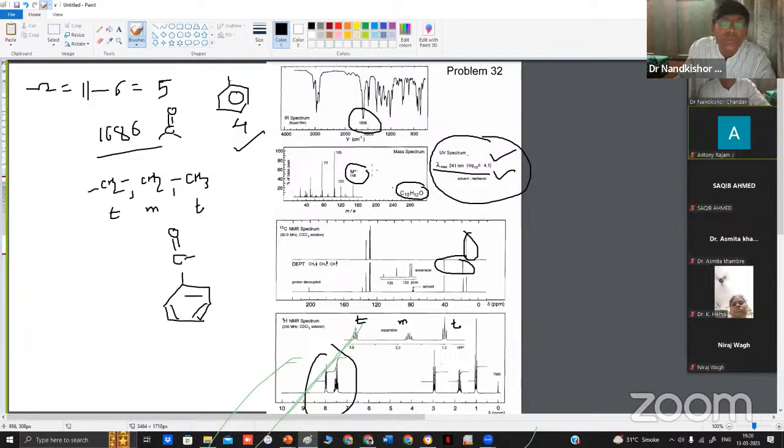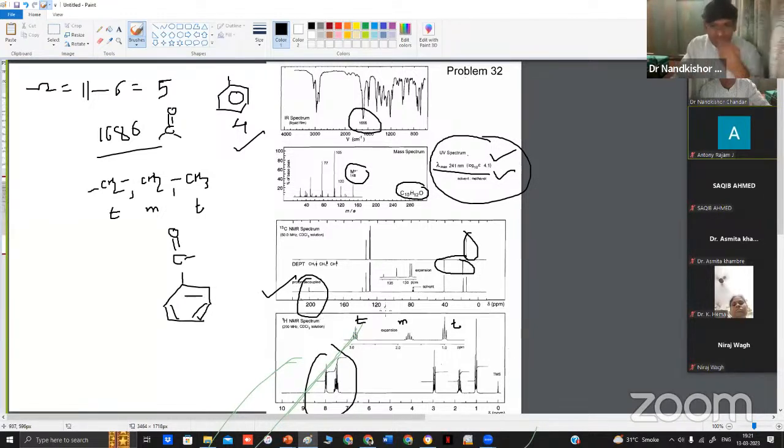So what is left is ketone, and that can be easily confirmed from the C13 value, which is 200 and something. This 200 and something is for aldehyde or it may be for ketone. If there is no 9.5 value, that indicates this compound should have a ketonic carbon. So that can be easily argued.